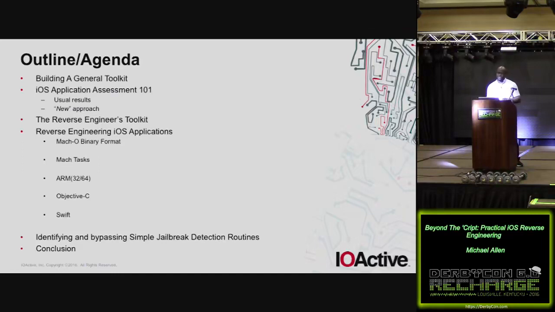That new approach is going to involve a deeper understanding of what's happening under the hood. So we'll look at what a Mach-O binary is, what a Mach task is, and look at Objective-C and Swift from a reverse engineer's perspective. And then we'll wrap up with identifying simple jailbreak detection routines and how they can be bypassed, right?